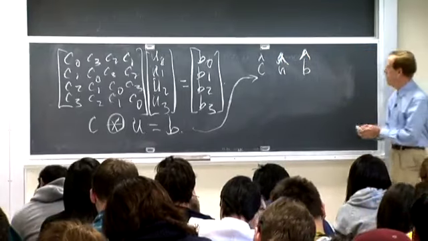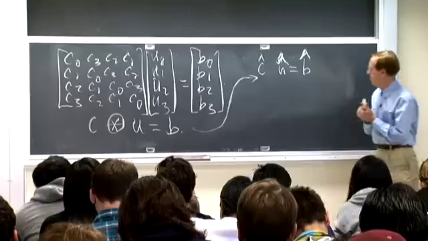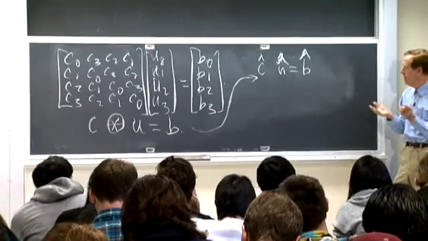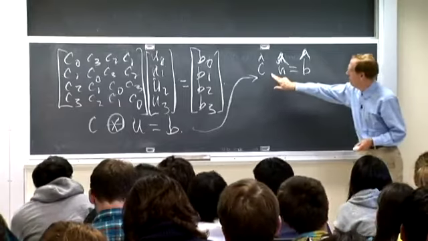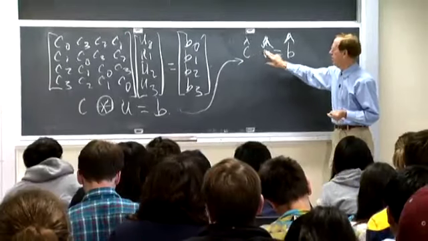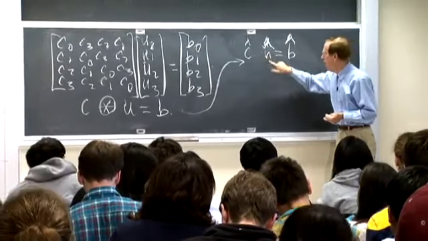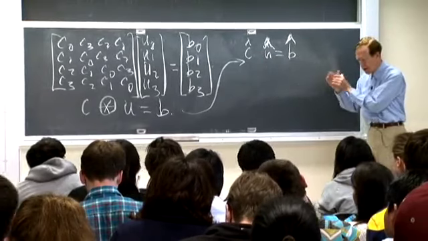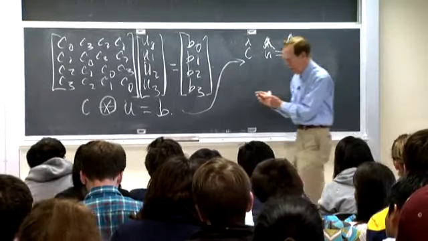Now, what's the equation in frequency space? And then I'll do an example. It's a multiplication, but I don't usually see a vector and nothing there.